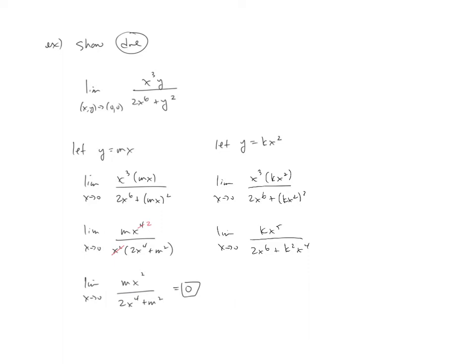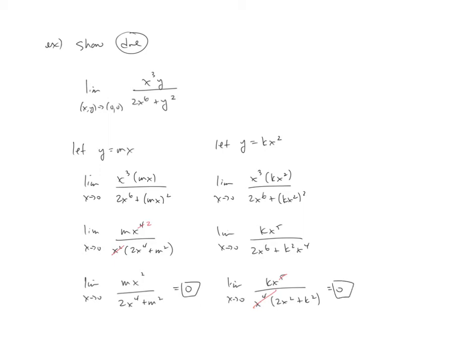So now I can factor out an x to the 4th, leaving 2x squared plus k squared, with this dividing off, leaving me with just a single x on top. When we evaluate at 0, this would be k times 0 divided by 0 plus k squared, so 0 over k squared, which would be 0. So this one also ends up at 0.